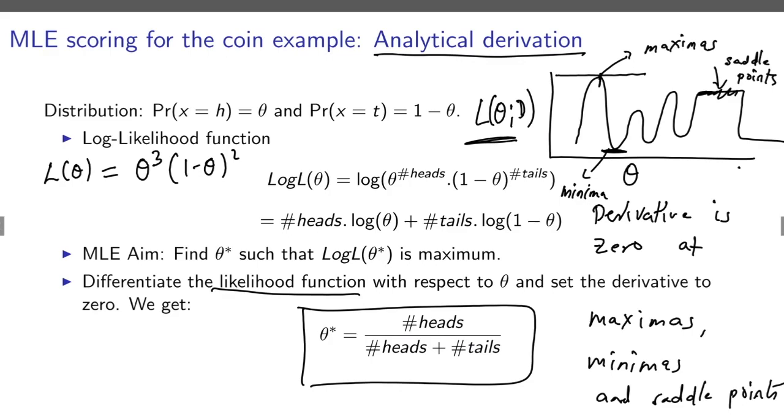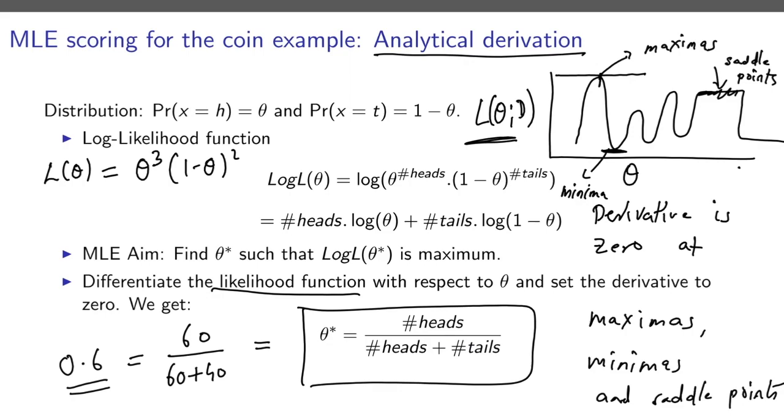So if I have 60 heads and 40 tails, then I'm going to do 60 divided by 60 plus 40, which is nothing but 0.6. How did I compute this value?